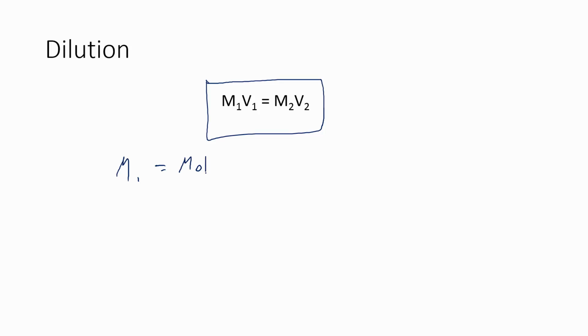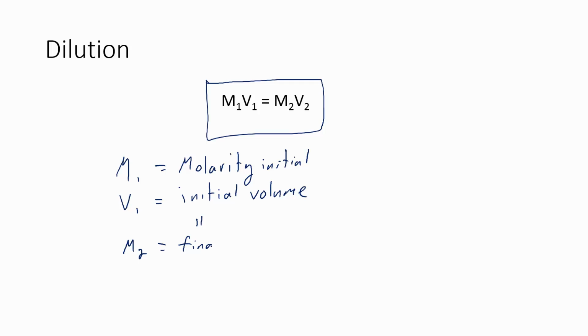It means my initial molarity times the initial volume of a solution is going to be equal to the final molarity times the final volume.